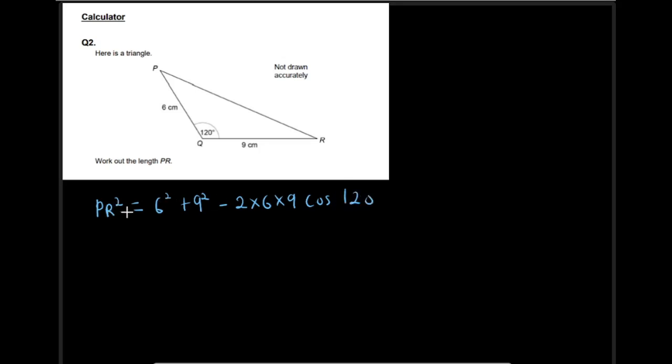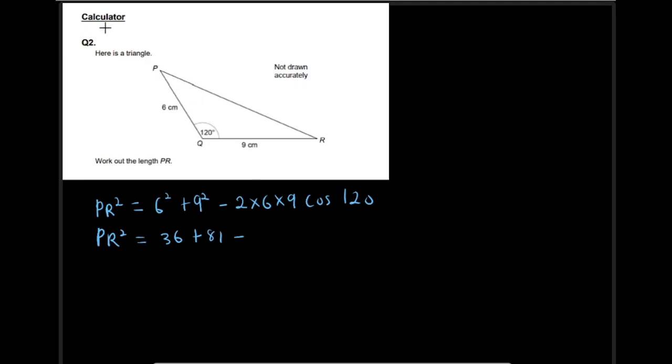PR squared, which is the side opposite the angle in question, equals the sum of squares of the two other sides minus 2 times the product of the two other sides cos 120. So that will give us PR squared equals 6 squared being 36, plus 81 minus 2 times 6 times 9.